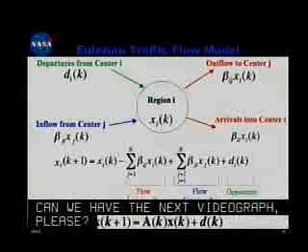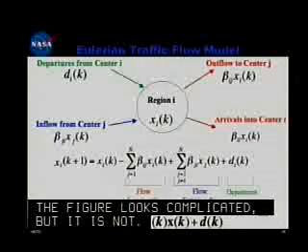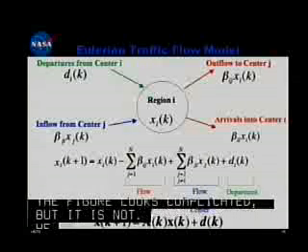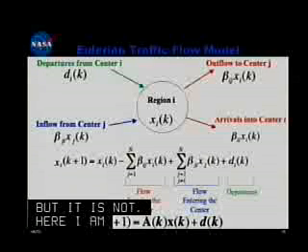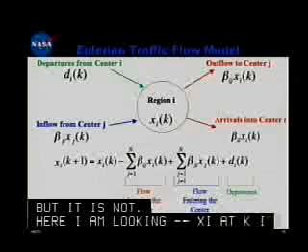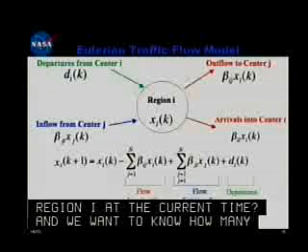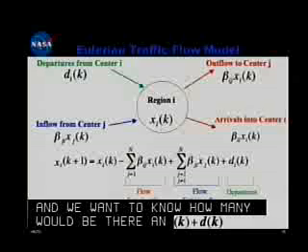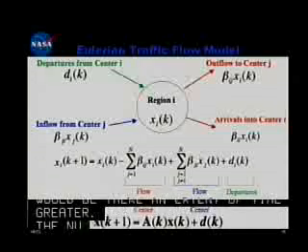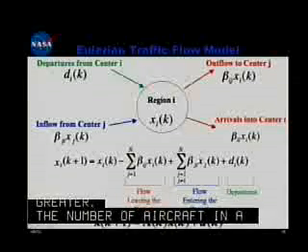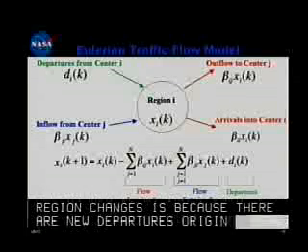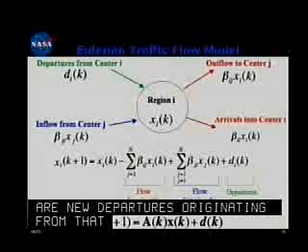The figure looks complicated, but it is not. Here, x_i at k is how many aircraft are there in region i at the current time. And then we want to know how many would be there at an instant of time greater. The number of aircraft in a region changes because there are new departures originating from airports in that region.